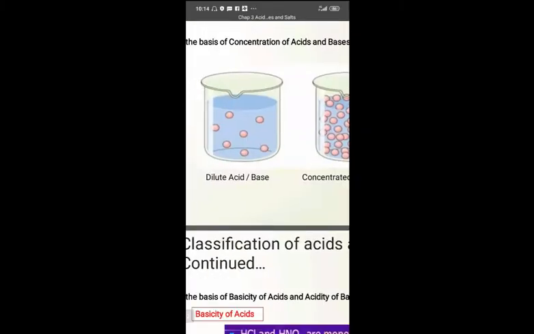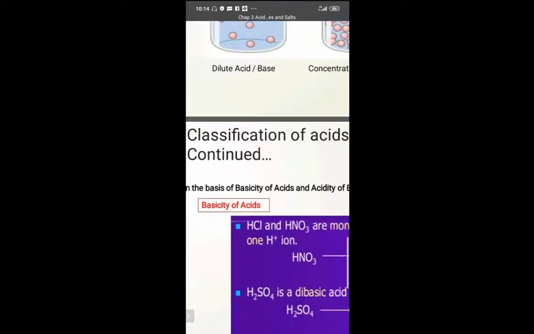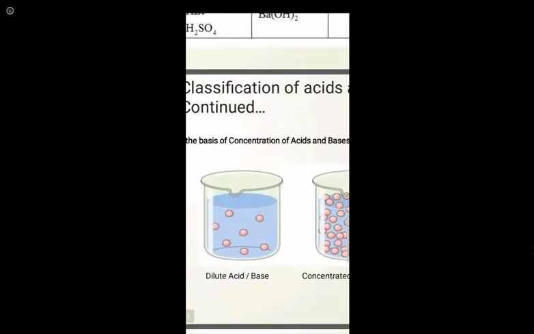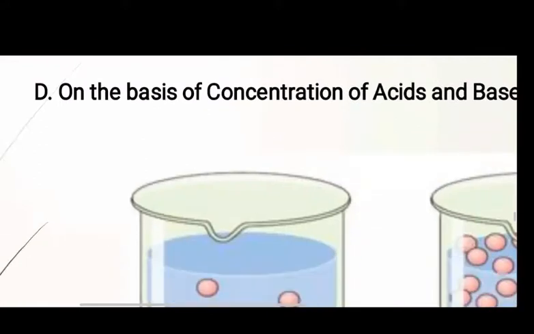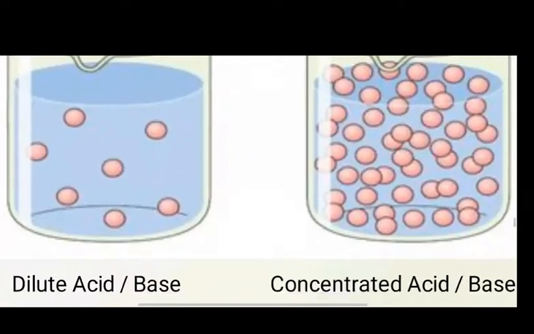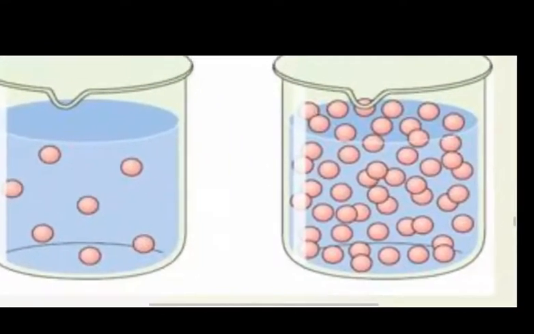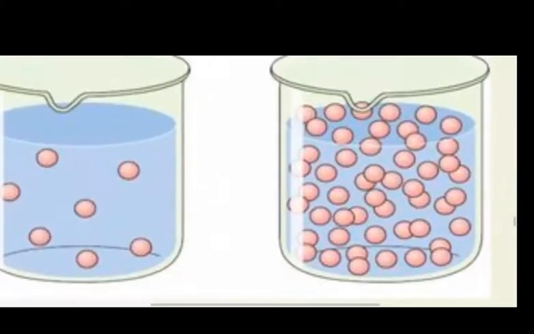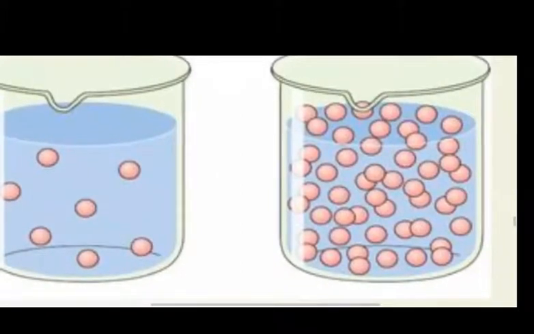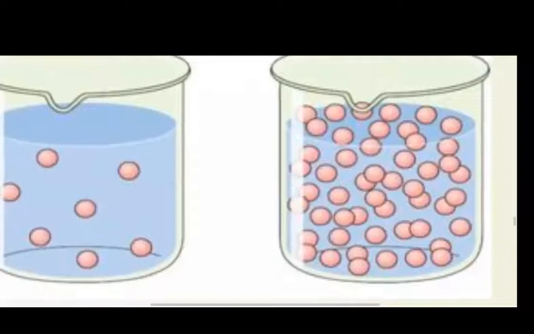Concentrated acid means, here you are getting the diagram. Are you seeing the particles? The concentrated acid consists of a high percentage of acid particles. Consider the small particles which you are seeing as the particles of acid.